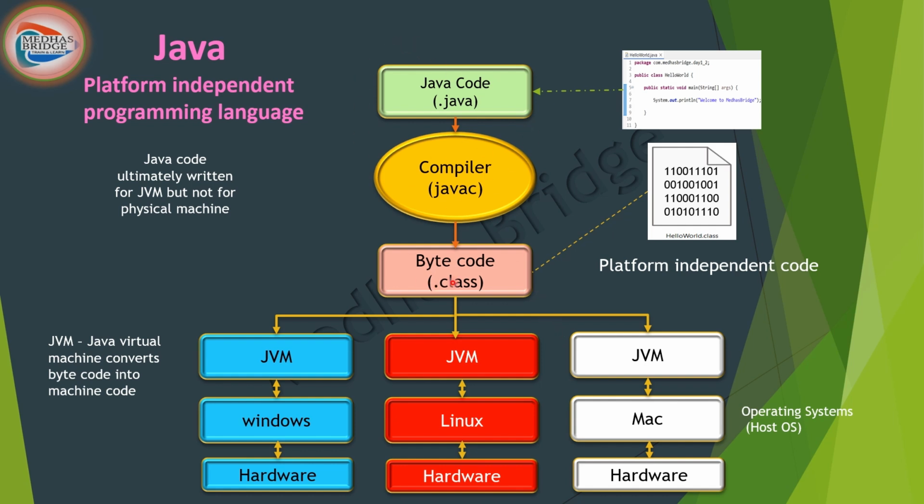Once you develop code, compile it and generate byte code, that means this code can work on any platform, right? Because the JVM takes care of running your byte code on the specific platform, because JVMs are platform specific, but byte code and Java code, the javac compiler, are completely independent of the hardware platform.